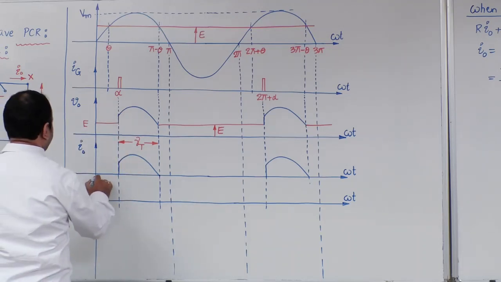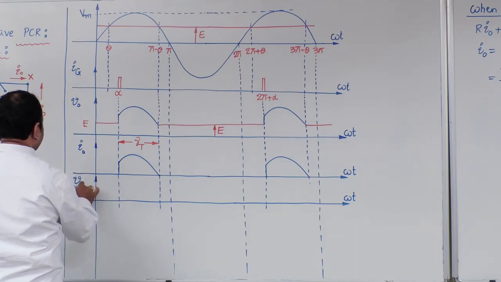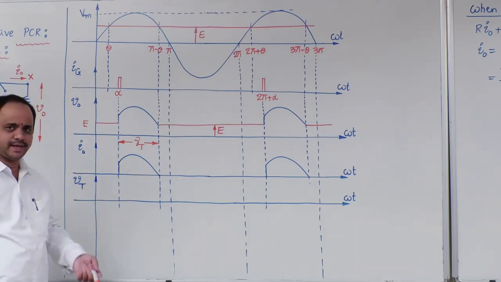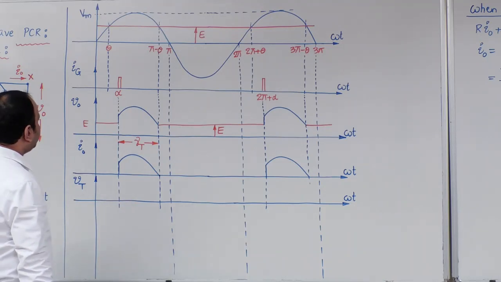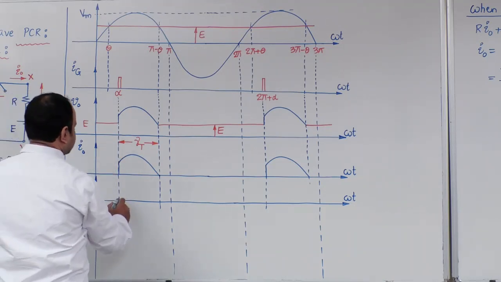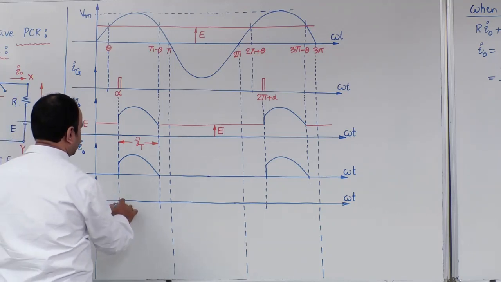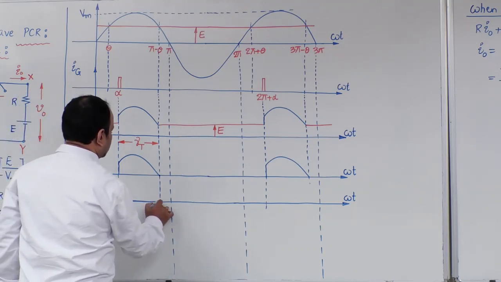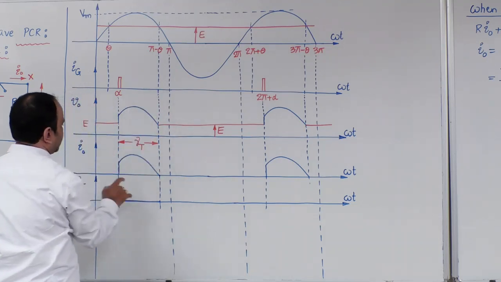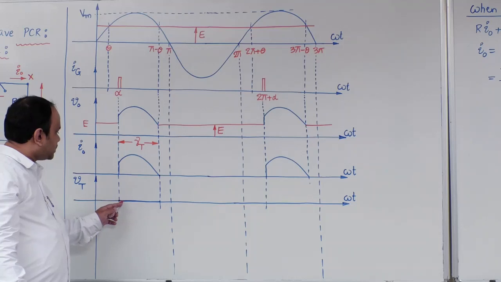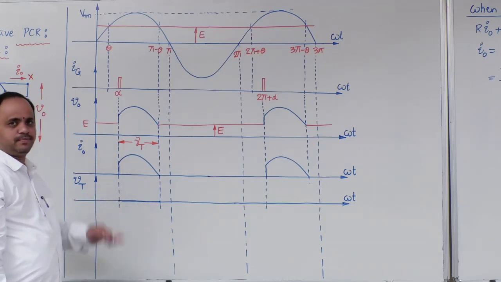Now, we need to draw the voltage across the device, that is the voltage across either SCR or thyristor. Let us start drawing the Vt waveform from alpha. Alpha to pi minus theta, the device is in conduction. Therefore, I can safely draw the voltage across the thyristor as 0.